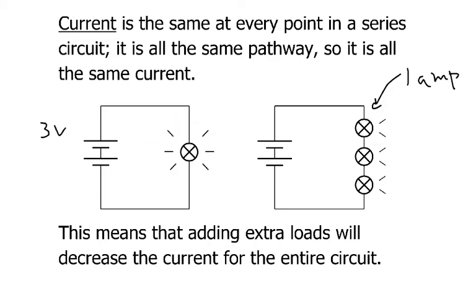So what's going on? Well, as you add more components into the circuit, you increase the resistance of the circuit, and that decreases the current. We'll talk about that in a second. But if you add more stuff into the circuit, generally you're going to decrease the current compared to this one, right? So this circuit would have less current than this circuit, and therefore the lamp here glows brighter than this lamp.